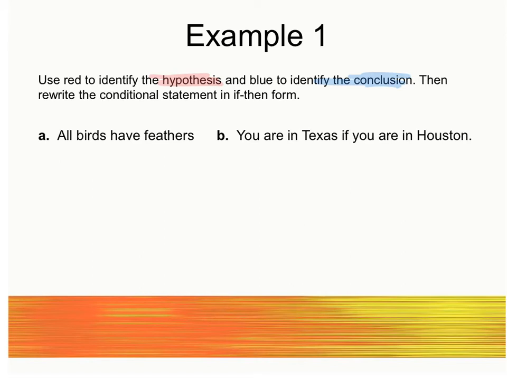All birds have feathers. I need to turn this into an if-then statement. So if an animal is a bird, then it has feathers.